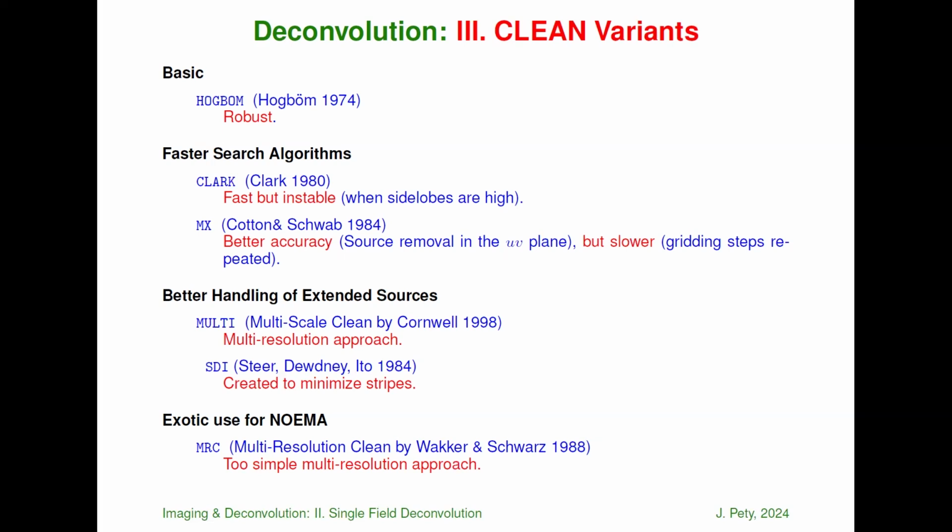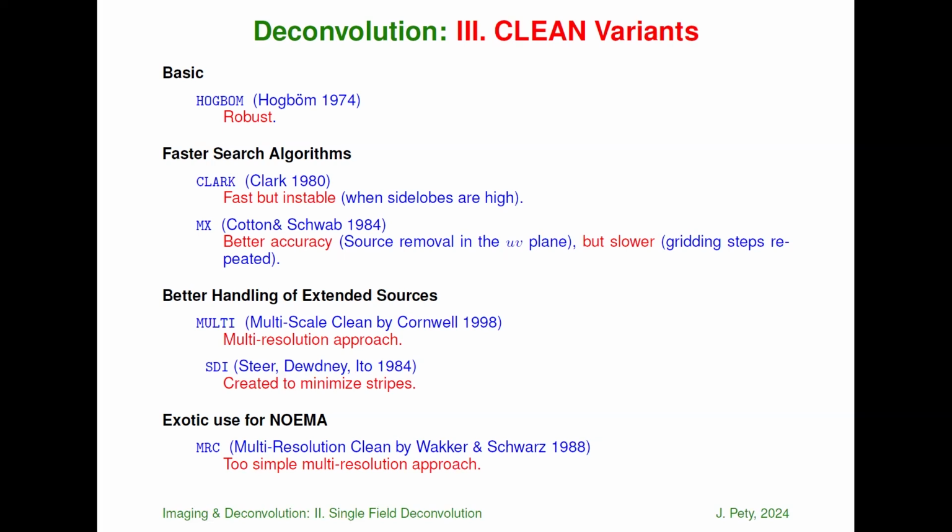Then when you have extended sources, you have two alternatives in MAPPING. One is called SDI, and instead of taking just the maximum in the residual, it will take a support around these residuals, assuming that if you have a strong point source and your source is extended, there is a large probability that you should take many point sources around this one.